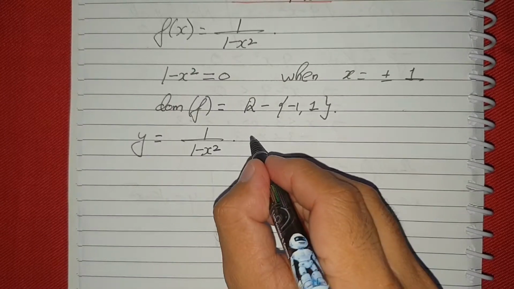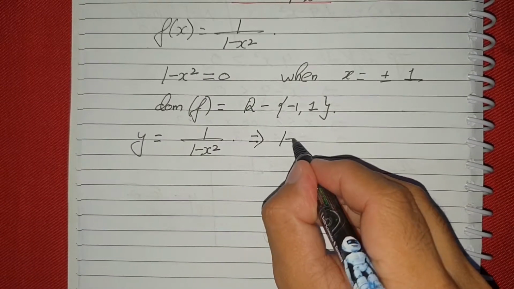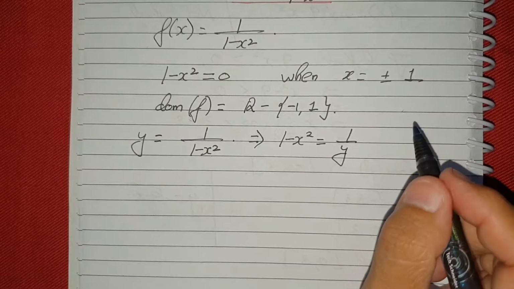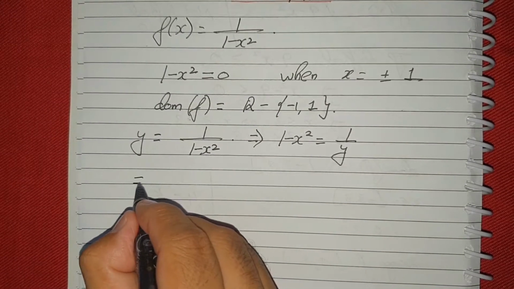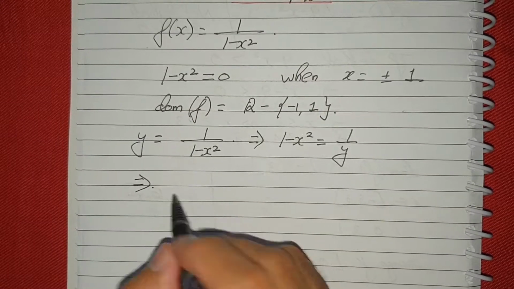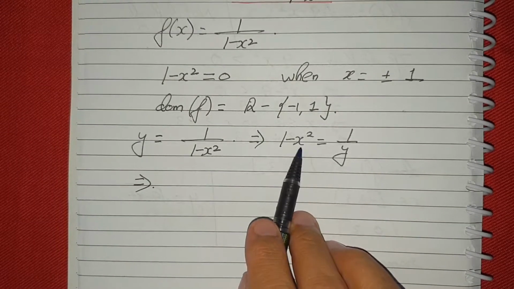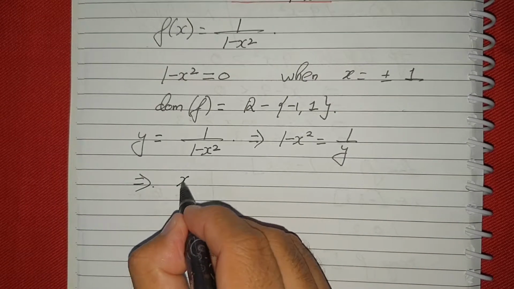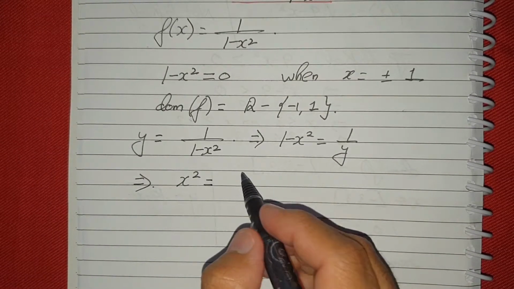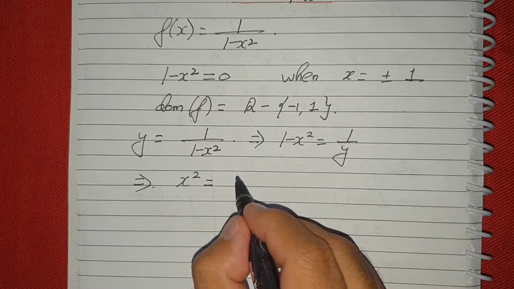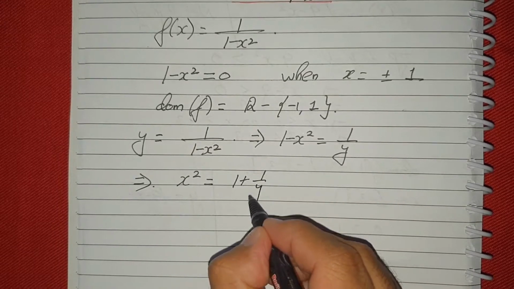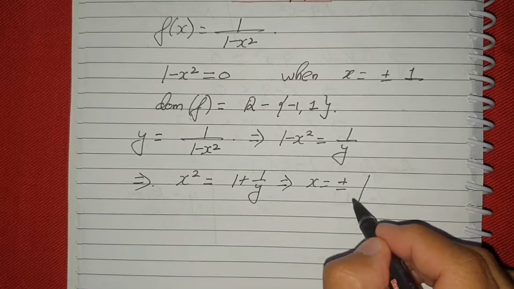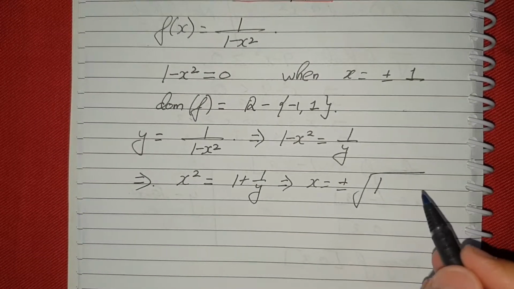This implies, by cross multiplication, 1 minus x square equals 1 upon y, which in turn implies, taking x square to the other side, x square will be 1 minus 1 by y. This implies x is plus or minus under root of 1 minus 1 by y.